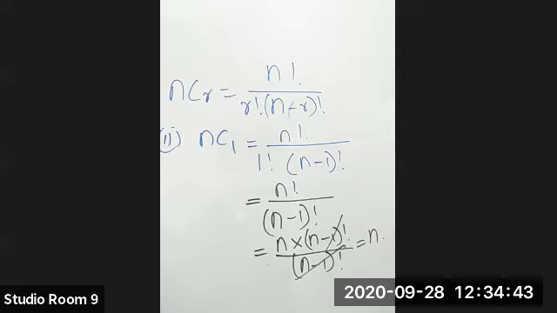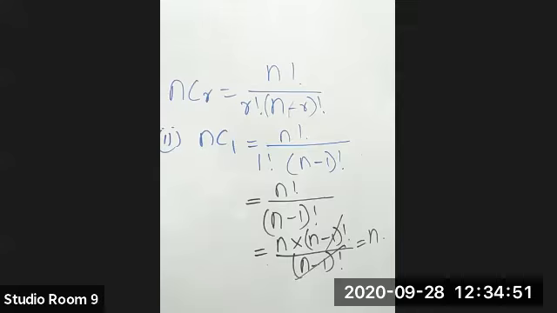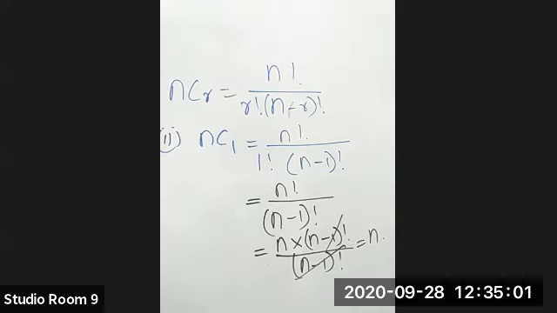Karthik, what is 10C1? Ma'am, 10. Is it clear, children? So NC0 is 1. NC1 is n.